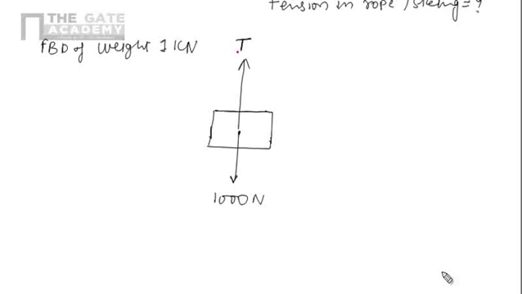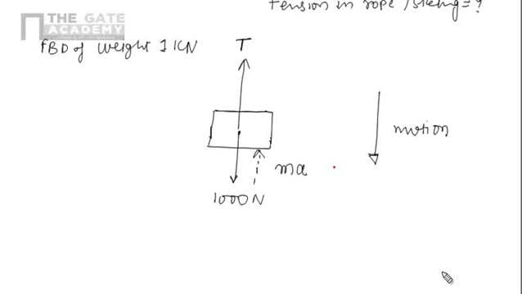According to the D'Alembert principle, if we apply the inertia force in the opposite direction of the motion, then it will be in dynamic equilibrium. For this block, motion will be in downward direction. This one is the direction of motion. So we can apply the inertia force opposite to that, in upward direction.